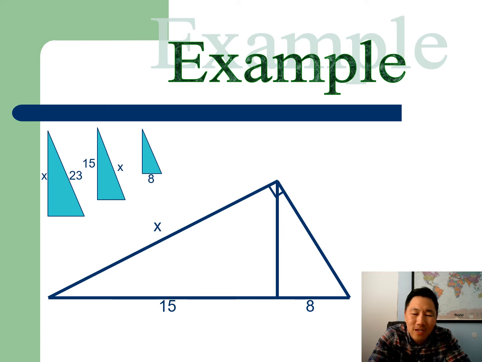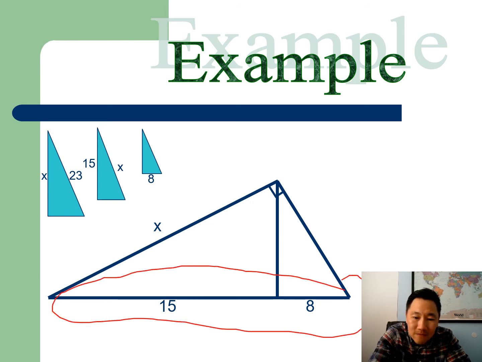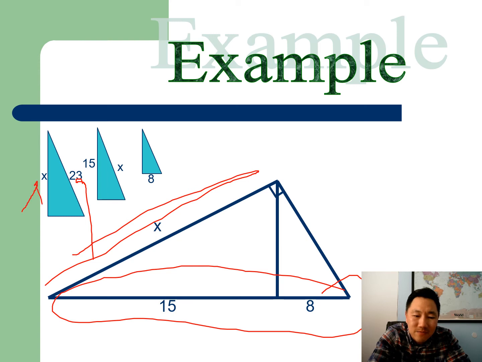All right, if you look at the largest triangle, the hypotenuse is actually 23. It's this whole length. That's how we got this 23. And then the leg is x, and that's how we got the x.